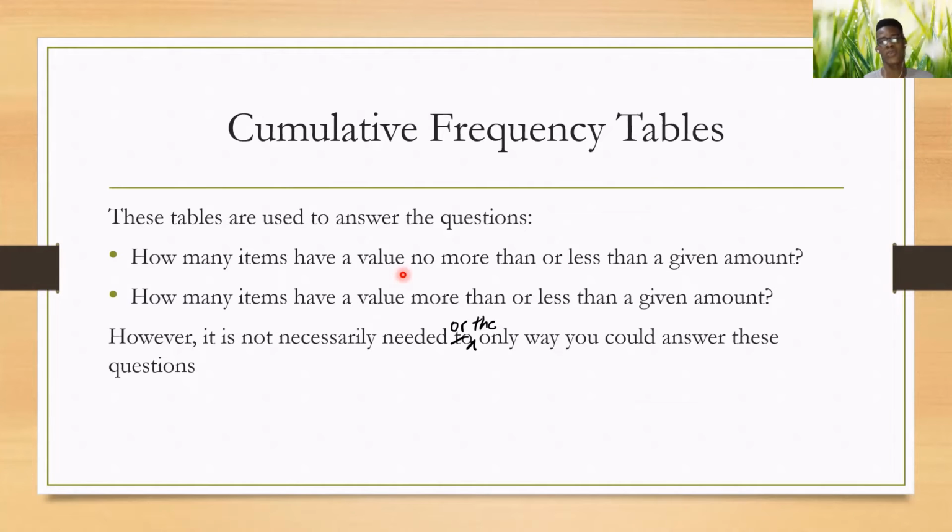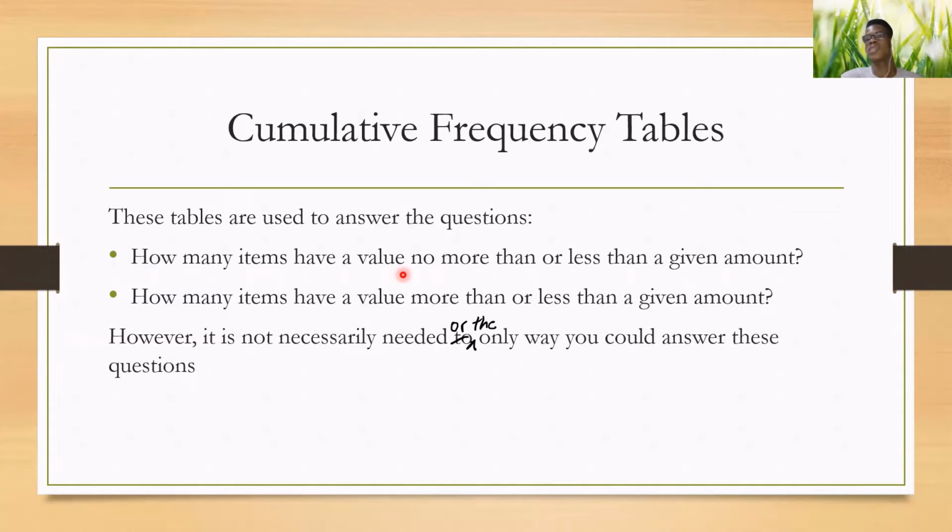I don't want to tell you that this is the only thing you can use to answer them, because you could reason it out just using your frequency table. I went through that last class. We could have found those answers by simply looking at the frequency table, without the cumulative frequency table.